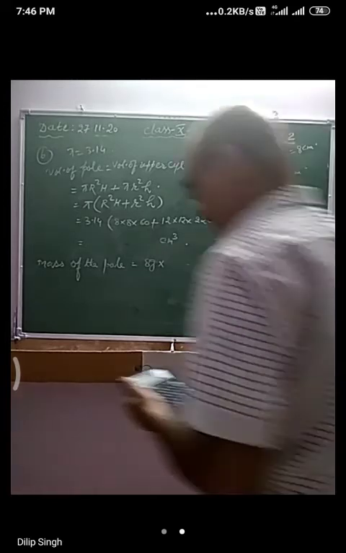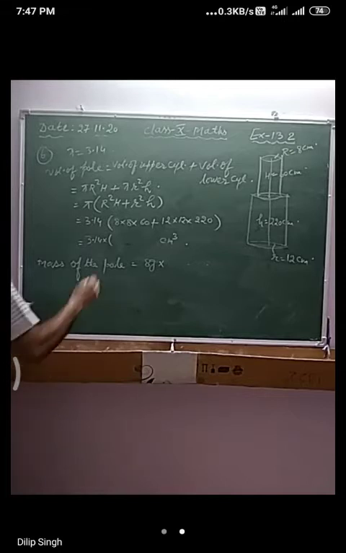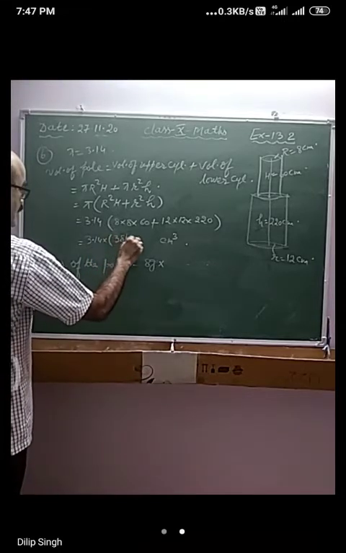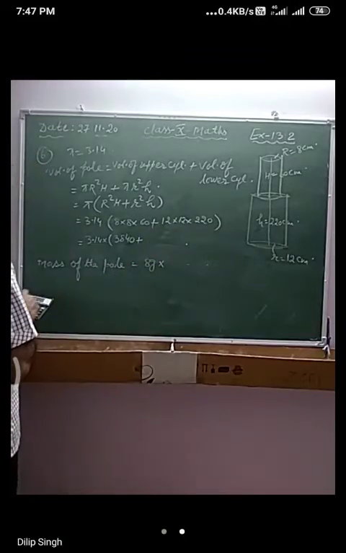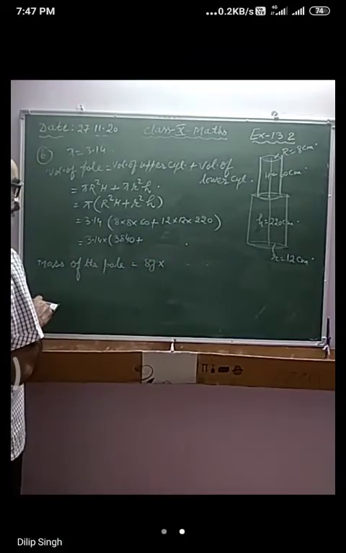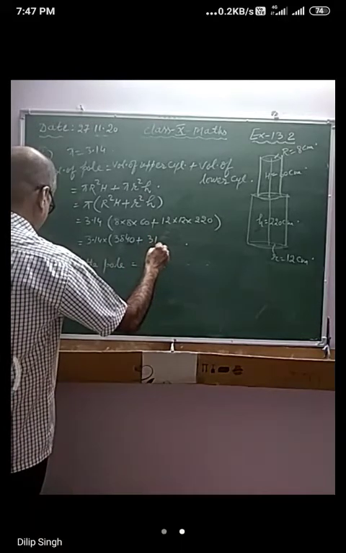So I'm solving here. So 3.14 into 8 into 8 is 64 into 60. 64 into 60 will be equal to 3840. 3840 plus 12 12s are 144. 144 into 220 is 31,680.